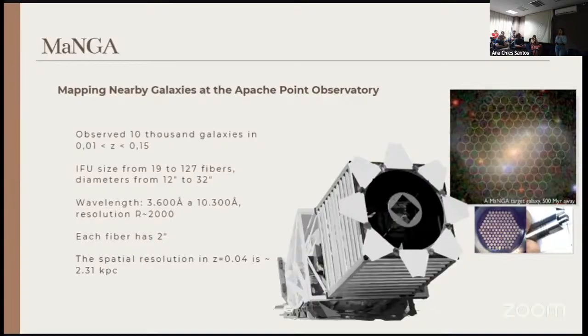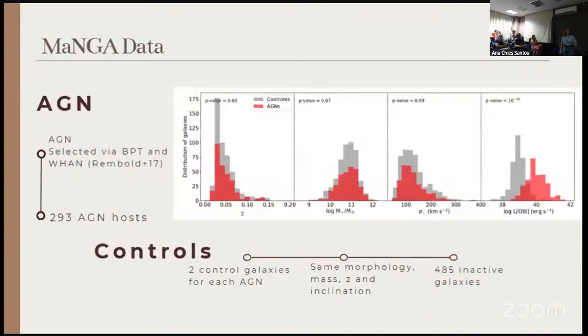Each fiber of the data was 2 arcseconds. To select the AGN sample, we use the BPT diagnostic diagram, and we find 2,093 AGN hosts by this method.